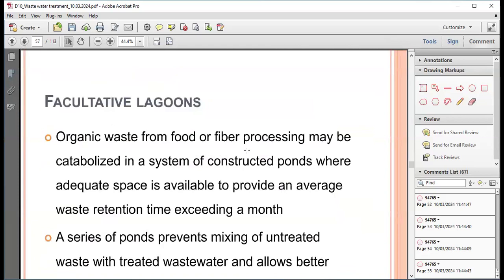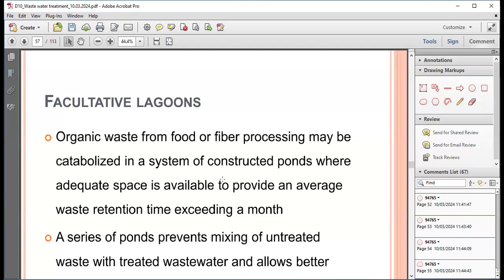Organic waste from the flax fiber processing may be catabolized in a system of constructed ponds where adequate space is available to provide an average waste retention time exceeding one.